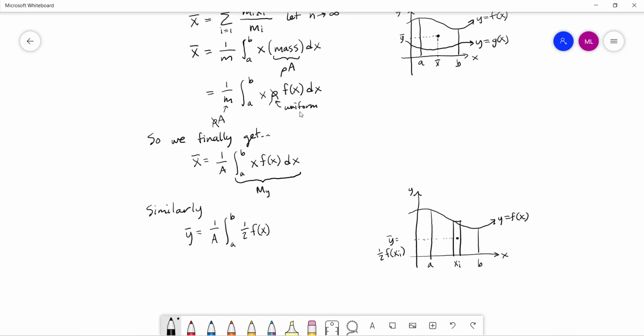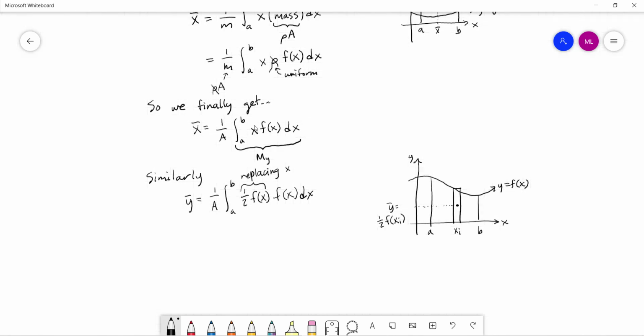So this piece right here is replacing, it's just the distance, it's replacing x. We still have the rest of the equation, f of x dx. So this part is just replacing this x here because it's just a distance. What is this distance, d?